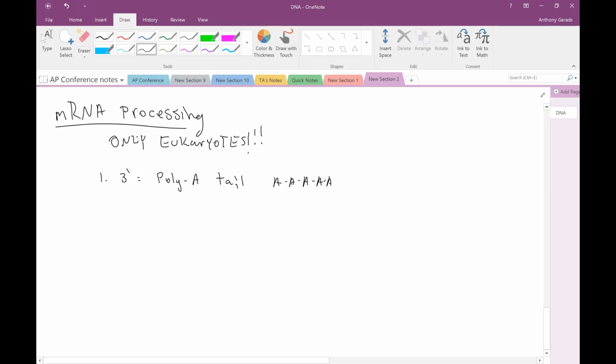The second one, 5', we're going to add a GTP cap. And then finally the third one, RNA splicing, meaning introns are removed.